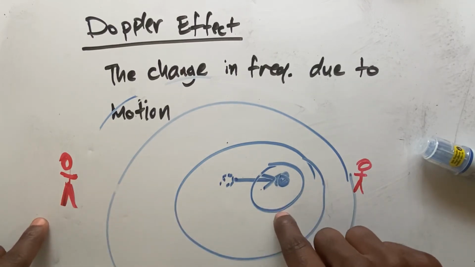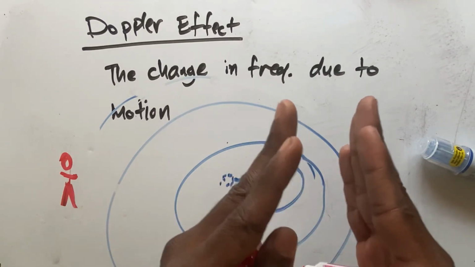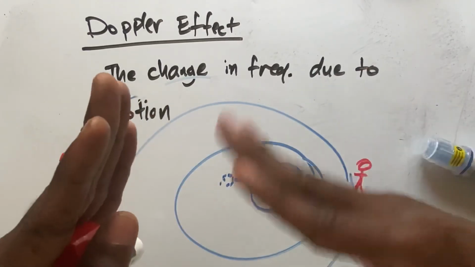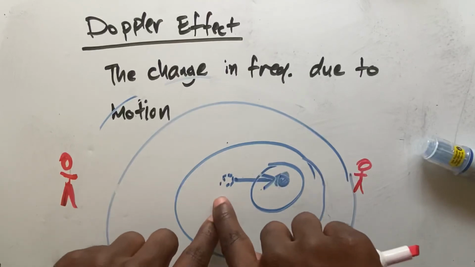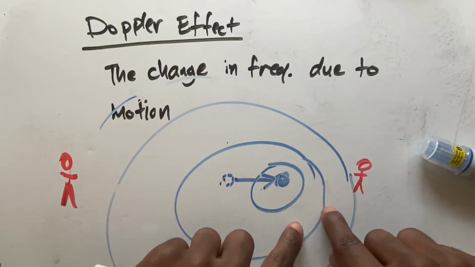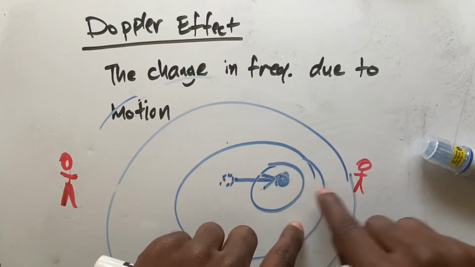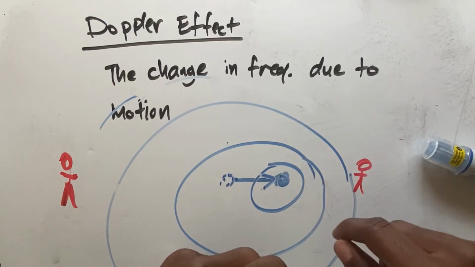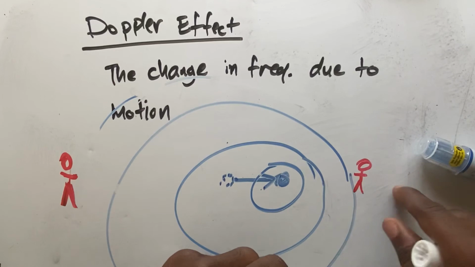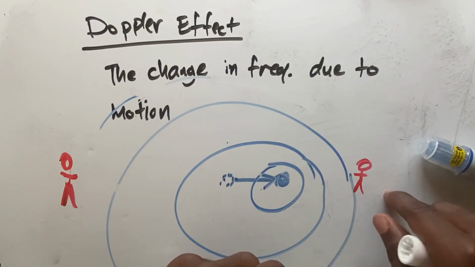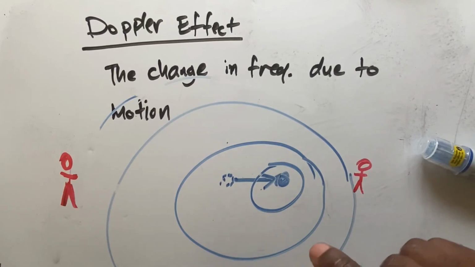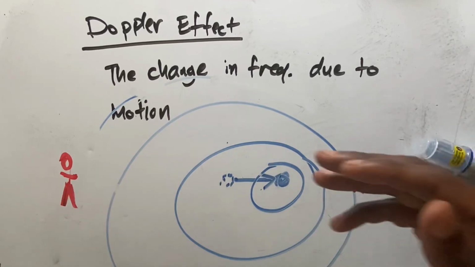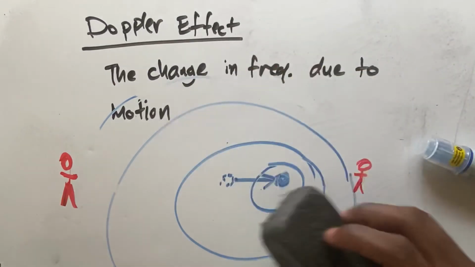Whereas here, the waves are closer to each other, or faster, because the bug is moving in this direction. So here you're going to feel more waves, a higher pitch or higher frequency, because you're on the right side. All that is just to describe the Doppler effect.